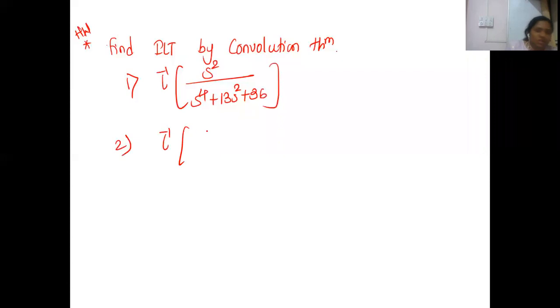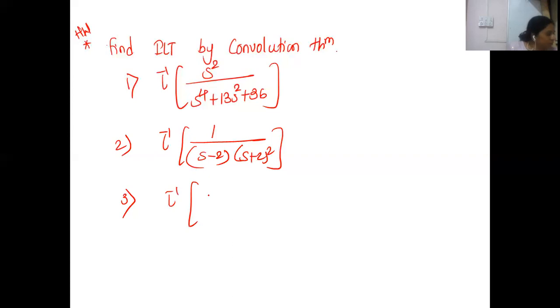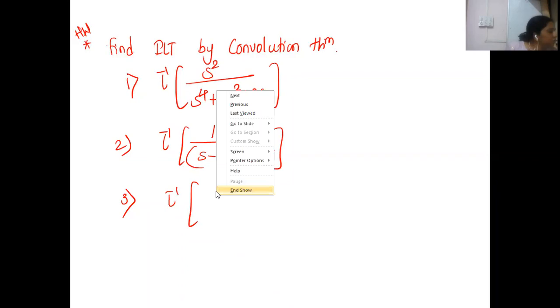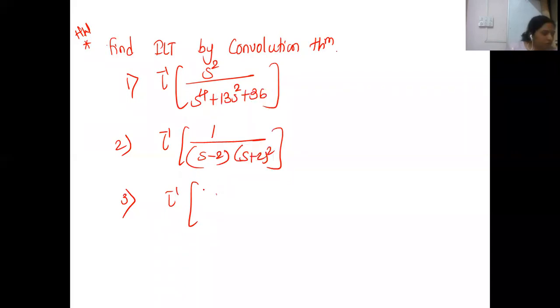Next, right now. There are so many questions, so you can just try them. Laplace inverse of 1 upon (s minus 2) into (s plus 2) square. Third, Laplace inverse of (s plus 3) upon (s square plus 2 square) bracket square.